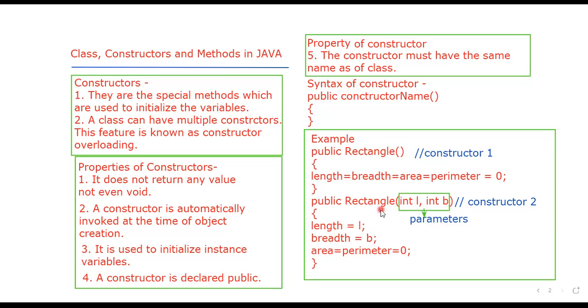Now, another very important and interesting thing to know: if you are using parameters with the constructor, it is known as parameterized constructor. What is it called as? Parameterized constructor. Here there is no parameter. No initial values are given, so we are assigning 0. When you are declaring these parameters, these variables are initialized with the given parameters, so this is known as parameterized constructor. So constructor 2 is parameterized constructor and constructor 1 is normal constructor.